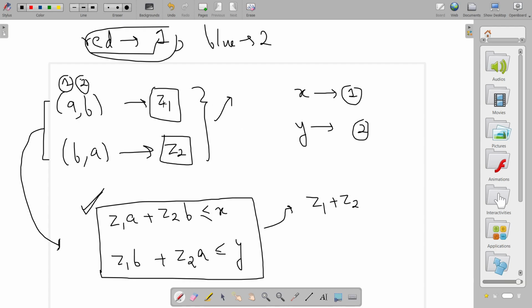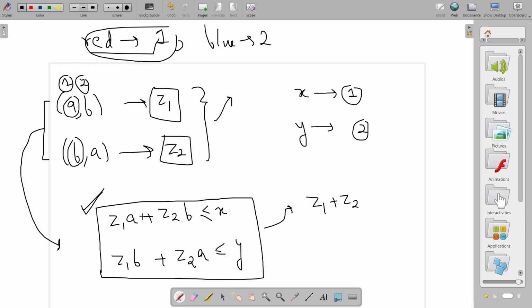If we are taking Z1 gift sets of one type, and Z2 gift sets of the other type, B comma A, then the total number of red candies utilized is Z1 into A plus Z2 into B, which has to be less than or equal to X.